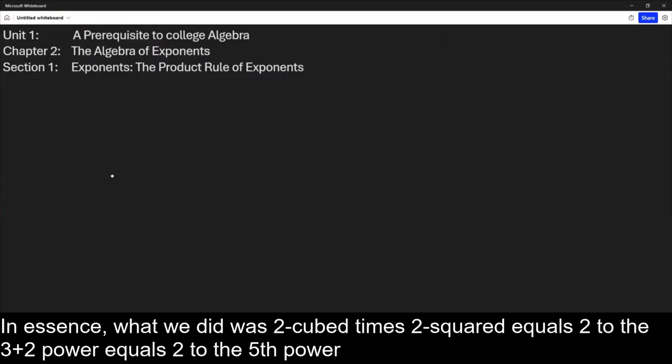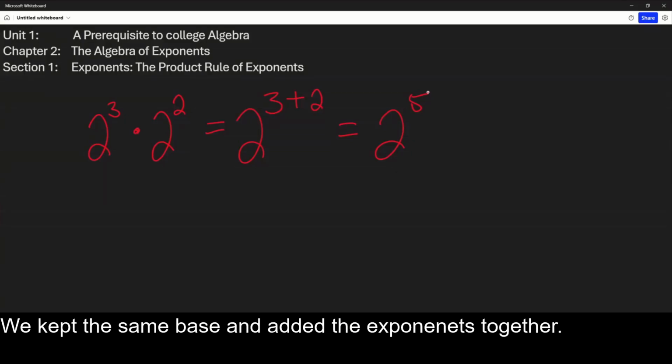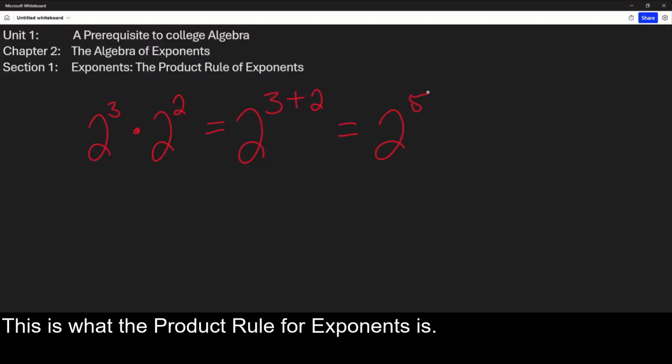In essence, 2 cubed times 2 squared equals 2 to the 3 plus 2 power, which equals 2 to the 5th power. We kept the same base and added the exponents together. This is what the product rule for exponents is.